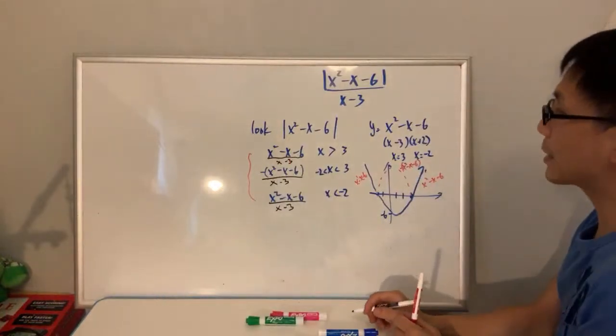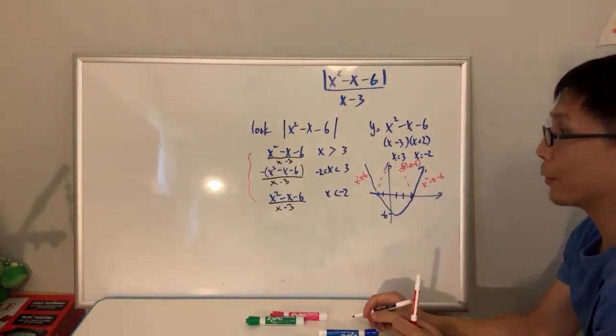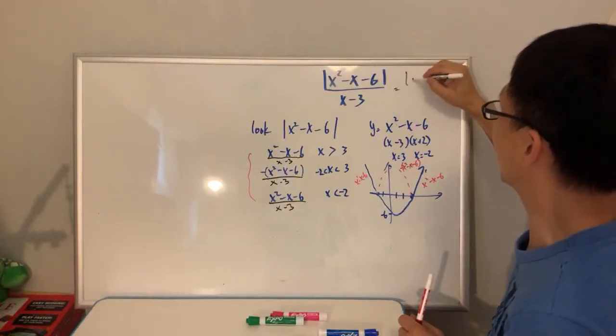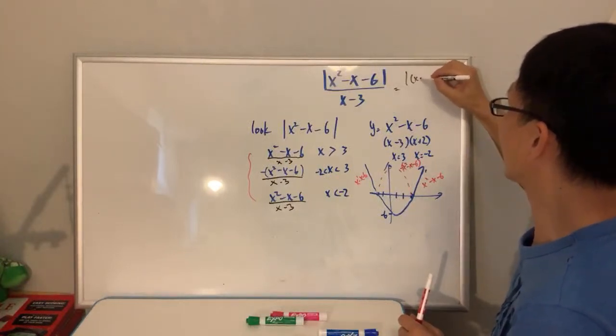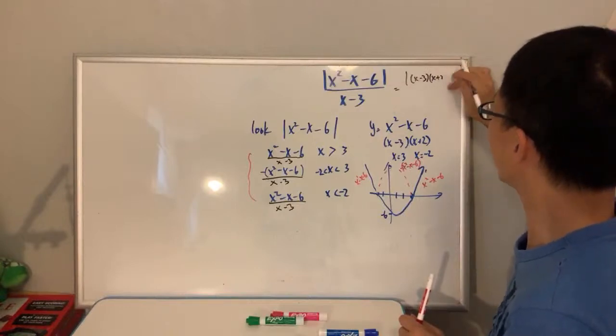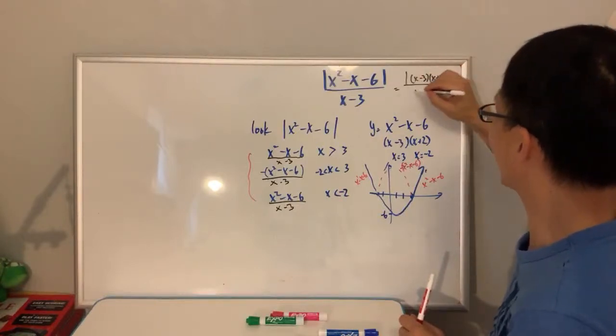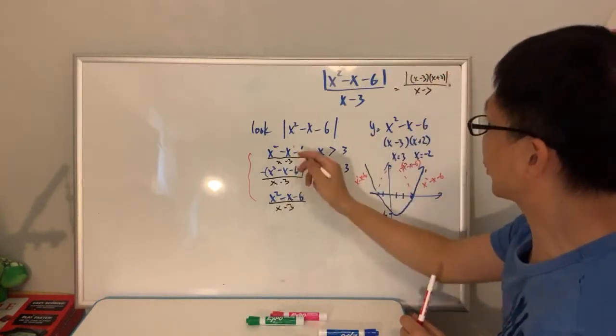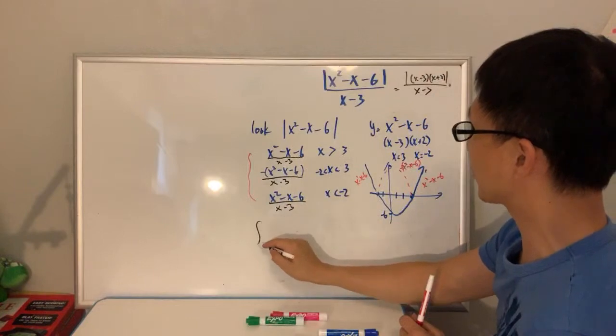Okay, so if that's all over x minus 3, now let's factor this. If I factor this, it's going to be what? Well, it factors as absolute value of x minus 3, times the parenthesis x plus 2, right? All over x minus 3. So that means I can change it so that it cancels out.